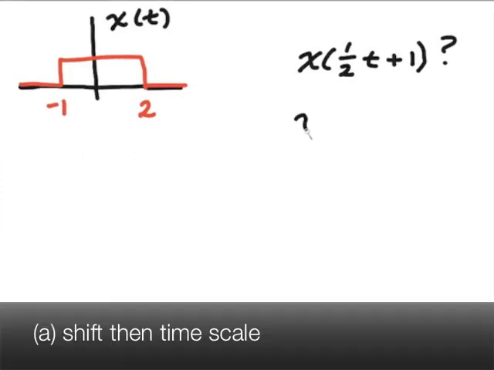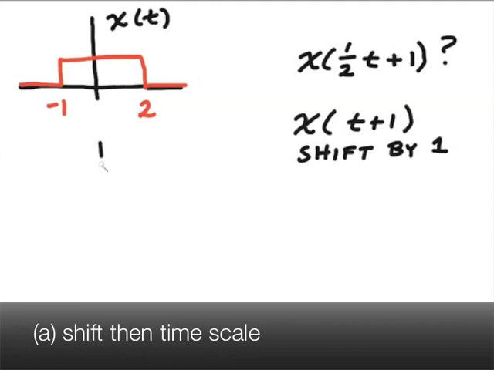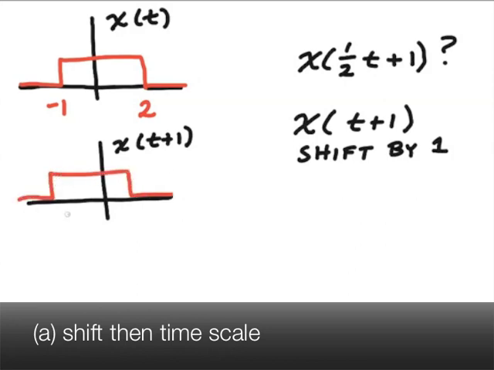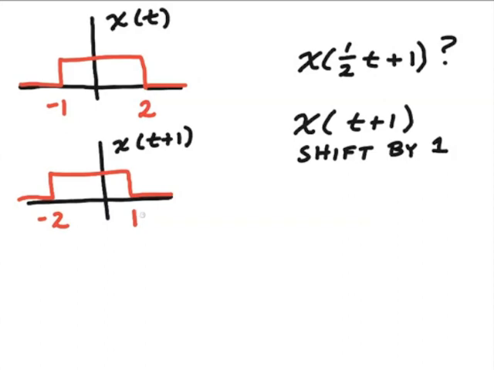In the first case, we'll shift first. So we'll write x of t plus 1, a shift by 1 second. When we draw the diagram for that, we'll find x of t plus 1 is going to be a pulse starting at time -2 and ending at time 1. Then we'll do the time expansion.